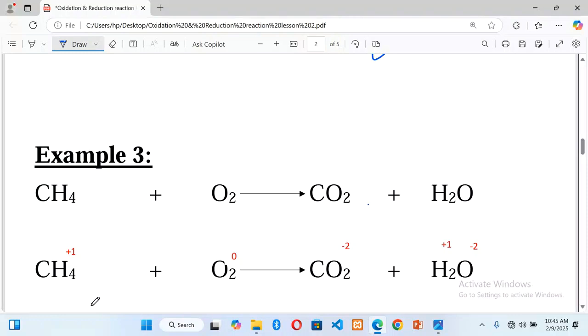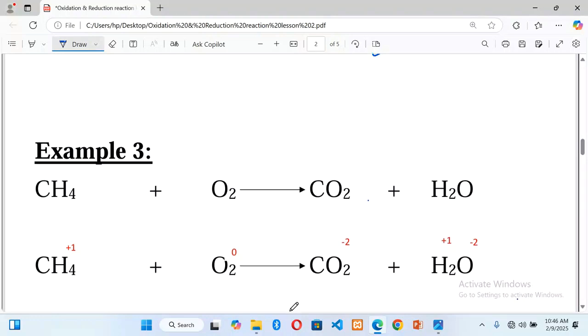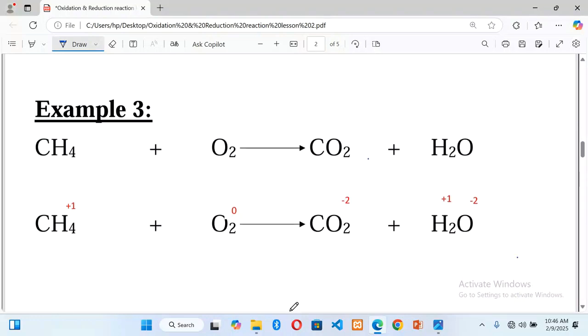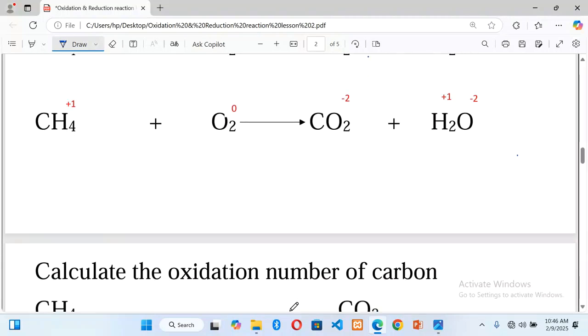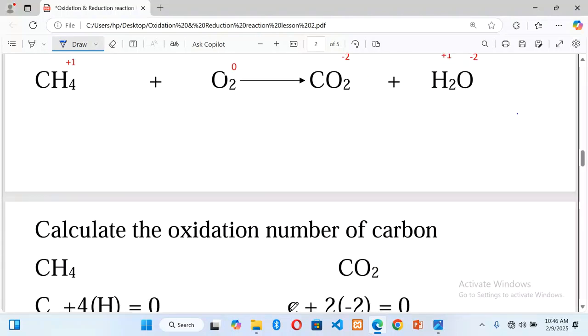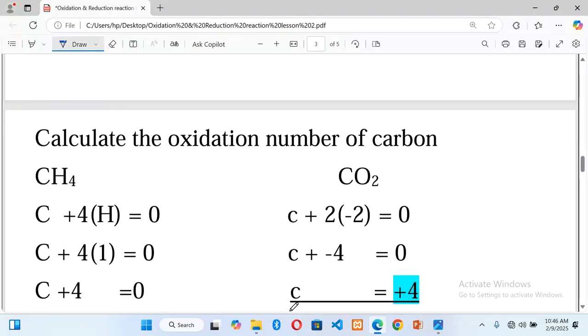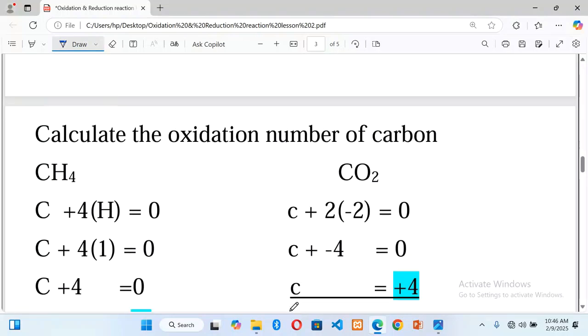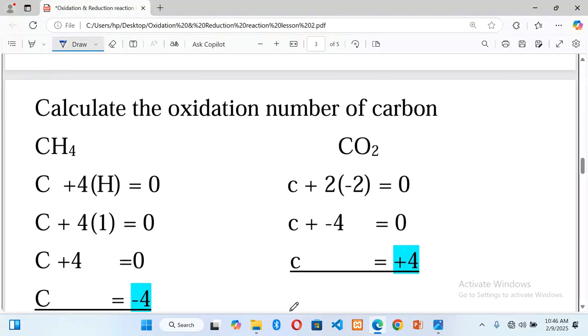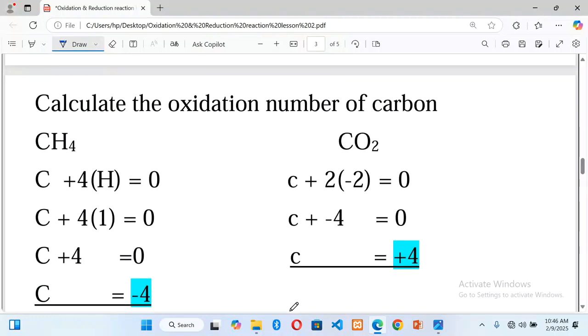We calculate the oxidation number of carbon in this compound, and then we shall be able to know which one has undergone oxidation, which one has undergone reduction, and that manner. So calculating oxidation number of carbon in methane and carbon in carbon dioxide.